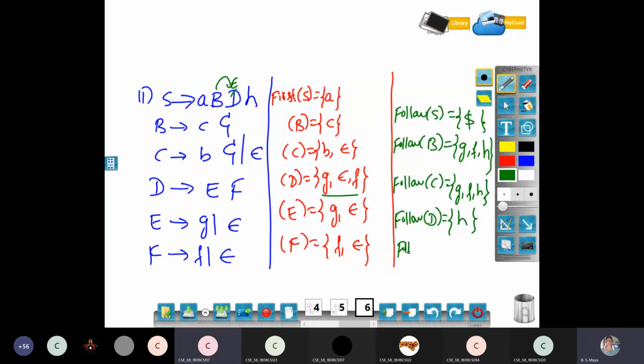Next, follow of E is F non-terminal, so we must include the first of F. F has epsilon, so again we must include the follow of D, that is H. What is follow of F? We must include the follow of D, that is H. Okay, very good. Super.